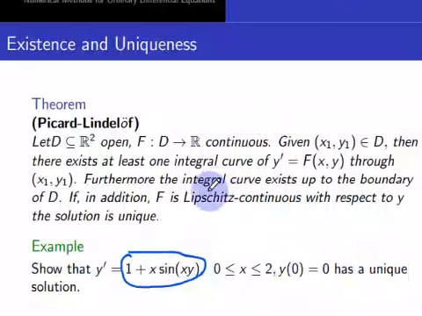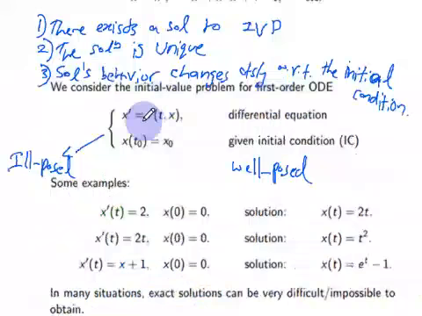So I hope you understood existence and uniqueness. If f is continuous on the domain D, then this system has a solution. There exists a solution to this system.